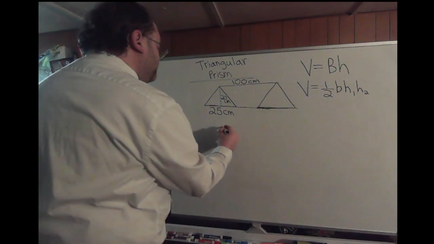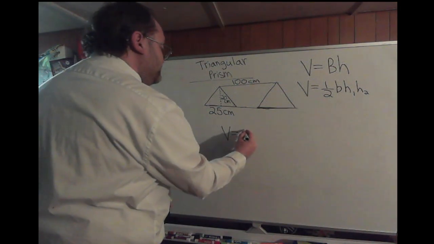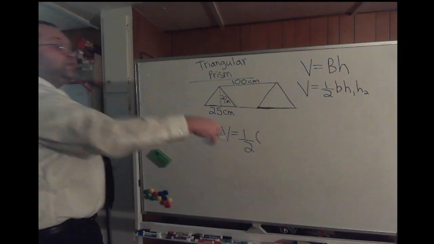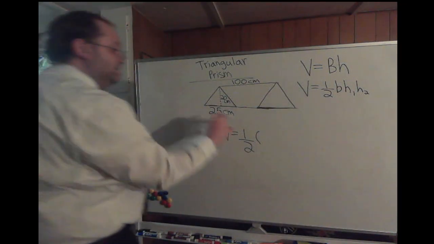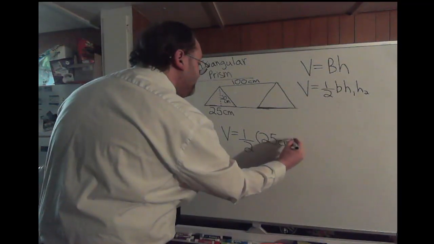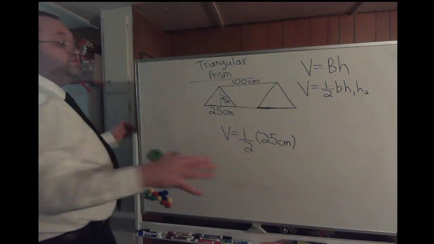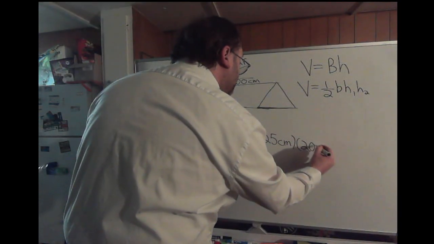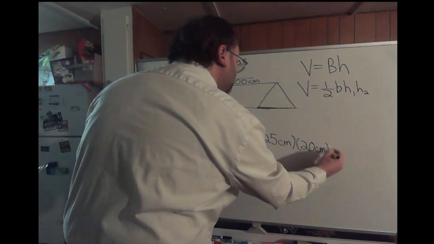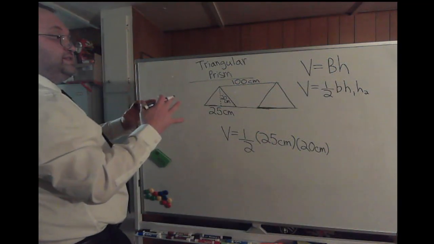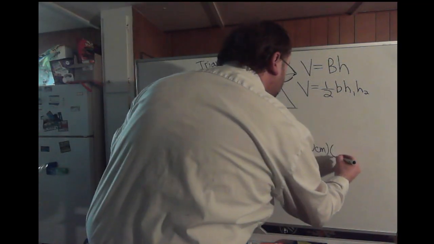So we're going to take the volume formula here, which is equal to 1/2 times just the base of one triangular face, 25 centimeters, times the height of just one triangular face, 20 centimeters, times the height of the whole prism connecting both faces, 100 centimeters.